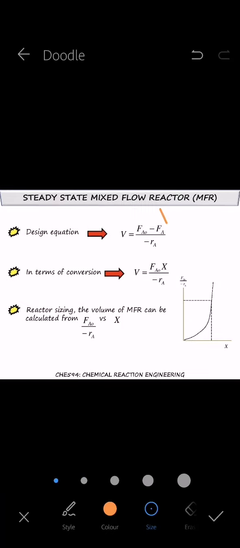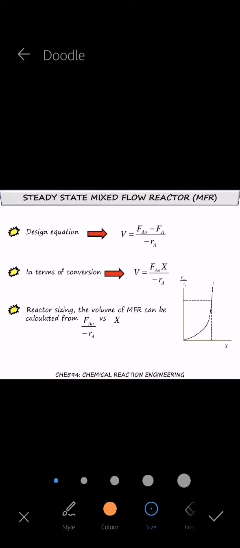Sebab X is equal to flow rate in minus flow out or remaining, divided by flow in kan.